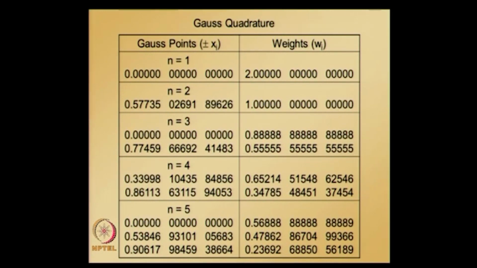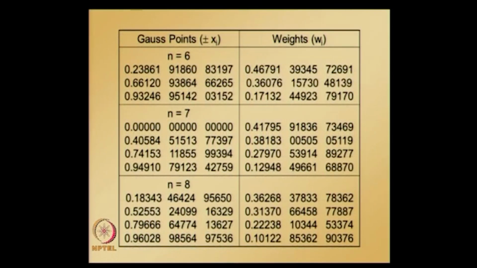and in the next table n is equal to 6 to n is equal to 8 are shown, with the corresponding points and weights. The way you have to read this table is similar to what I already explained to you.